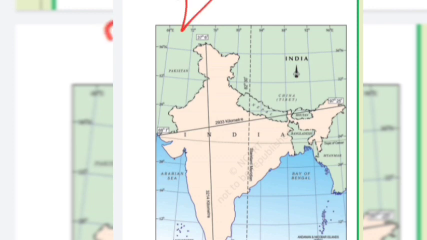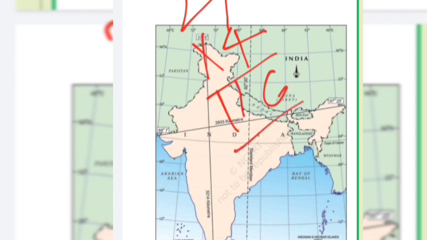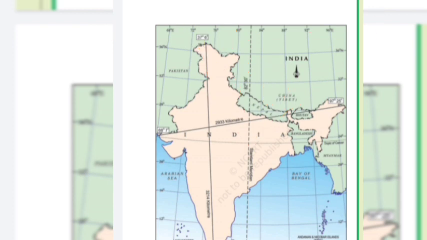There is a difference of 29 degrees, so there is a difference of 116 minutes, around 2 hours. So if we are given different longitudes, we can easily calculate the time difference between different points.